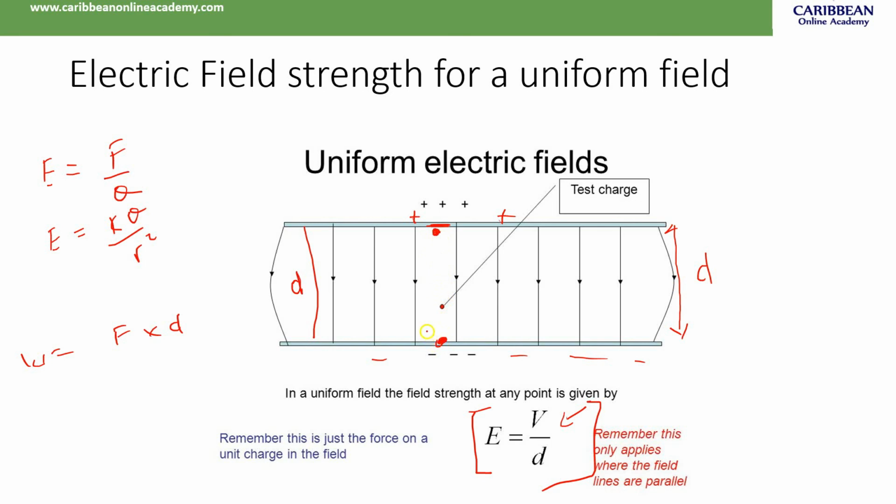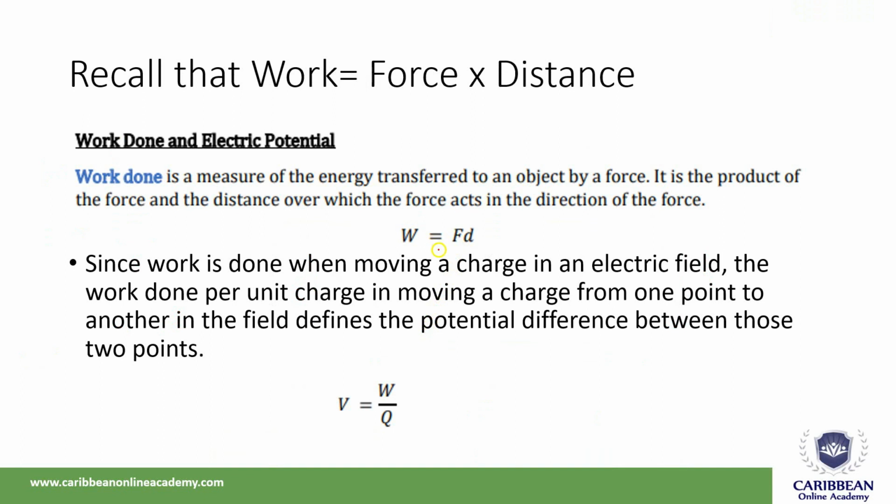Good? Now, with all of that being said, since work is done when moving a charged particle in an electric field, the work done per unit charge in moving a charge from one point to another is defined as the potential difference between those points.